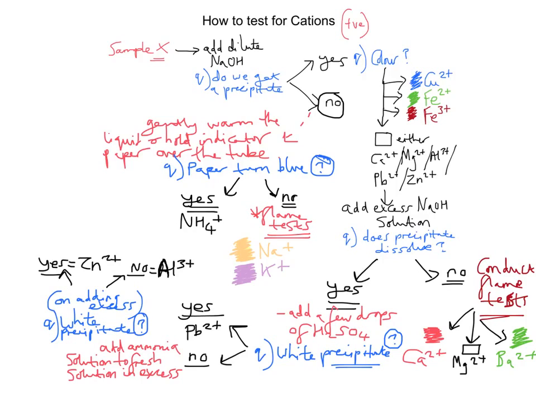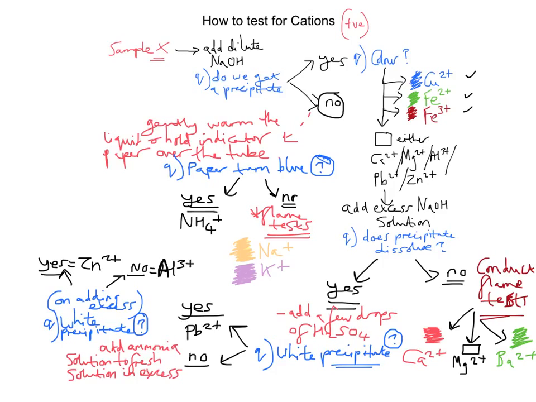So there we have a whole range of investigations we conduct to be able to identify different cations, ions with a positive charge. You start with sample X and you just follow this flowchart round. Upon adding dilute NaOH, you look at whether we get a precipitate or not, yes or no, and you just follow this essentially through, and you'll be able to find out whether you've got copper or iron.